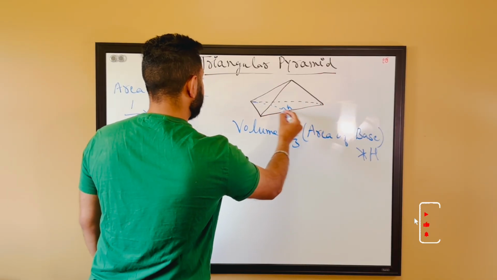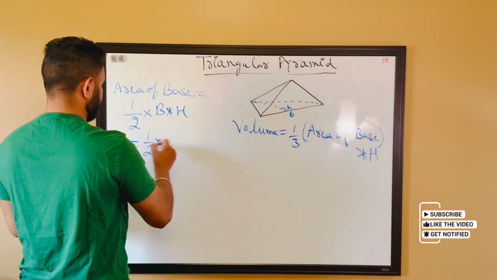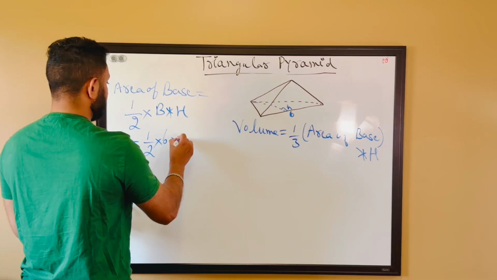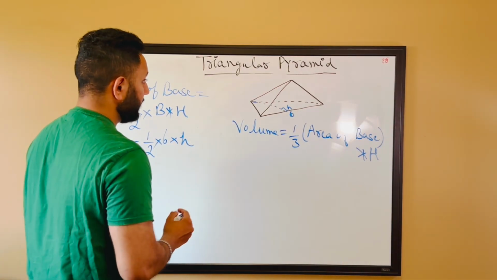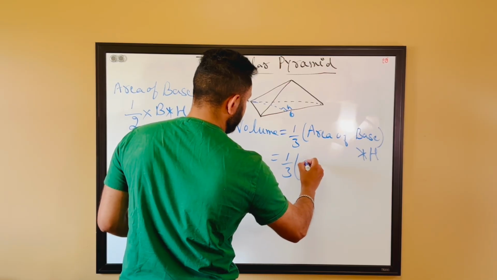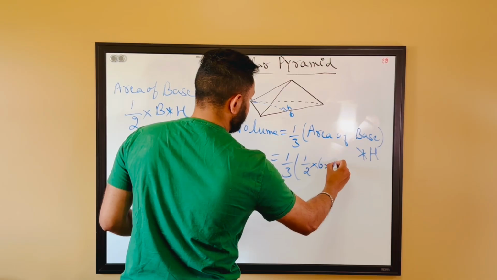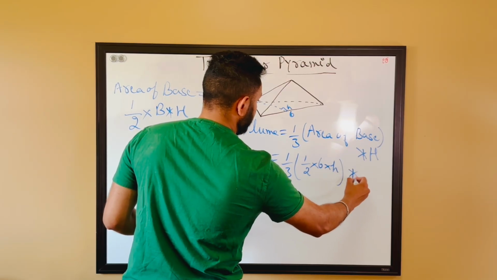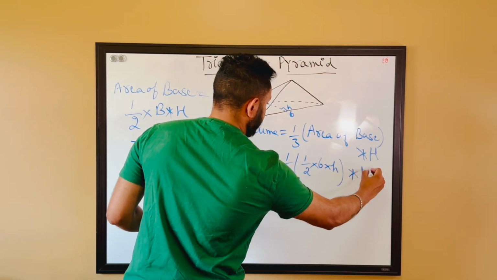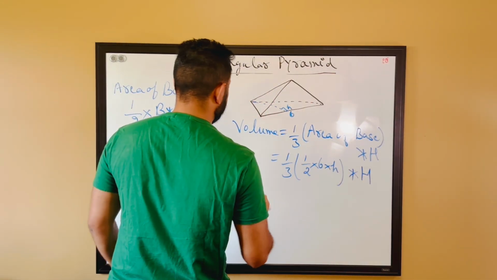So 1/2 small b into small h. So the formula will be 1/3 into 1/2 small b into small h into capital H, which is the height of the pyramid.